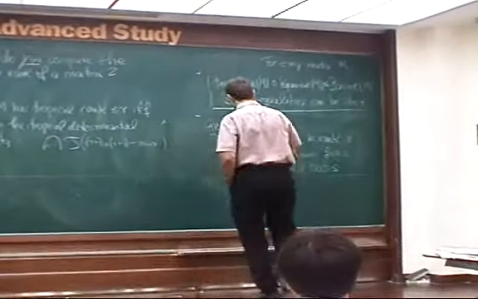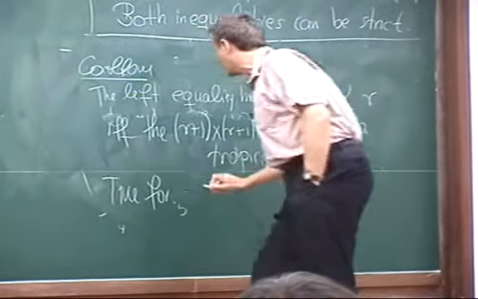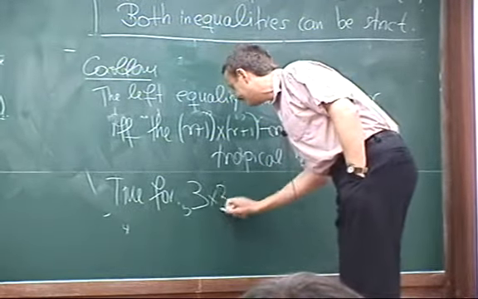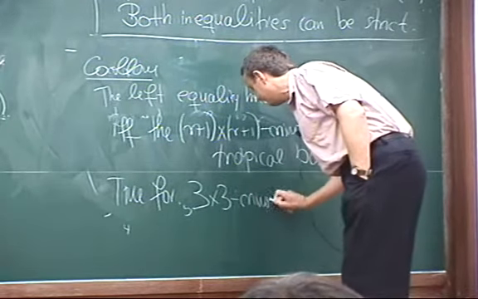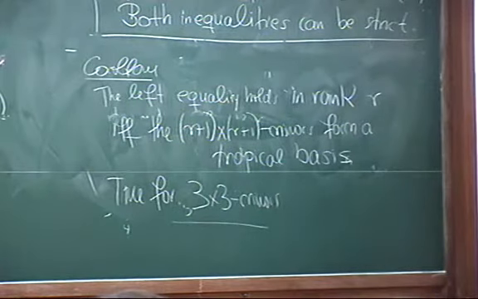This is true for 3 by 3 minors. So if the rank is 2, and we look at 3 by 3 minors, the 3 by 3 minors of any matrix form a tropical basis.